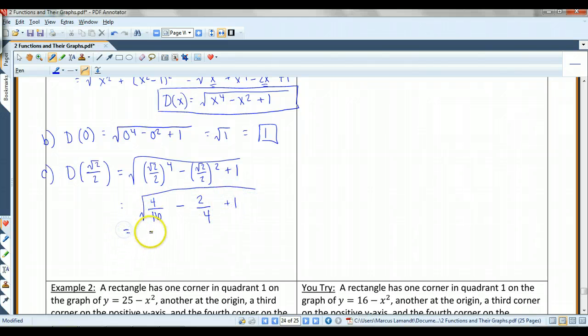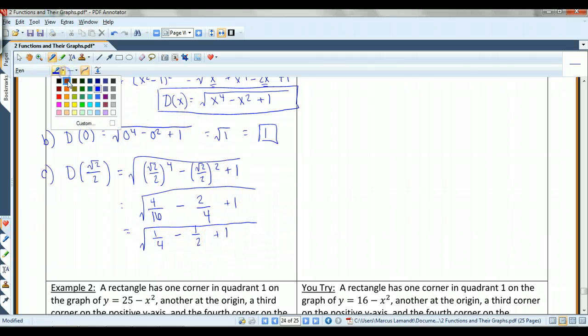So now we have 1/4 minus 1/2 plus 1. I'm going to get a common denominator for everything. If I multiply top and bottom by 2, I get 2 over 4. If I multiply top and bottom by 4, I get 4 over 4.